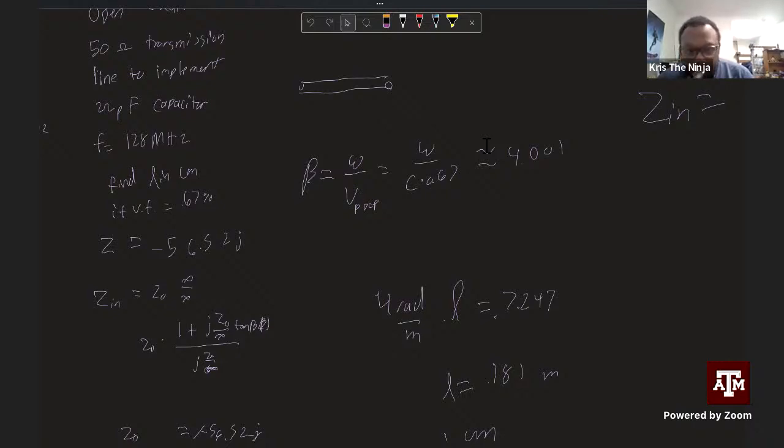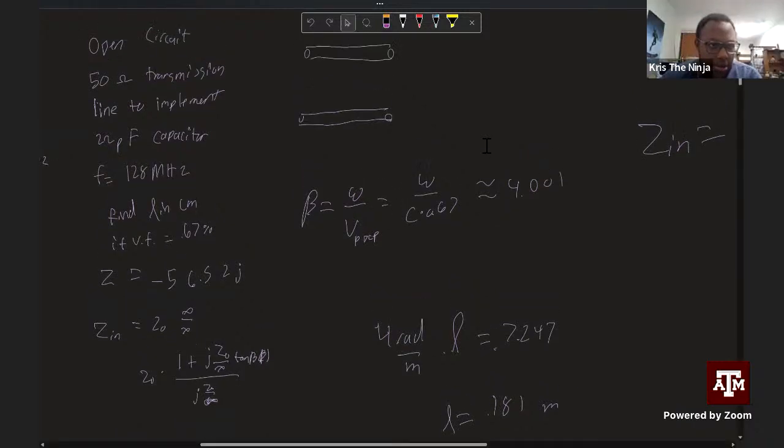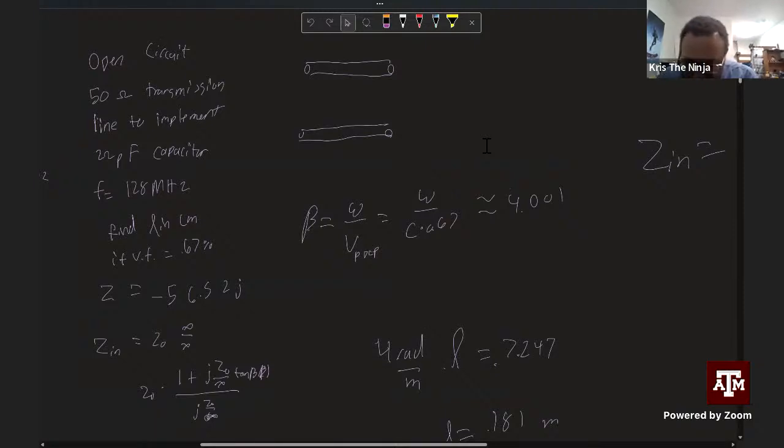Do you happen to remember the equation for Zn? Let me pull up my notes. For a transmission line? Yes, I believe for a transmission line, because this is a transmission line problem.